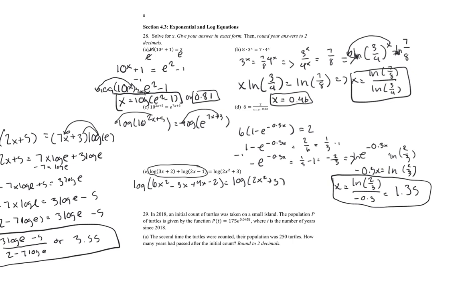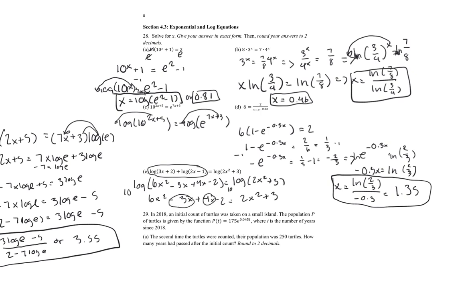And then we can do 10 to that on both sides. So then we get 6x squared minus 3x plus 4x minus 2 is equal to 2x squared plus 3. If we combine like terms, we can combine this negative 3x and this 4x.